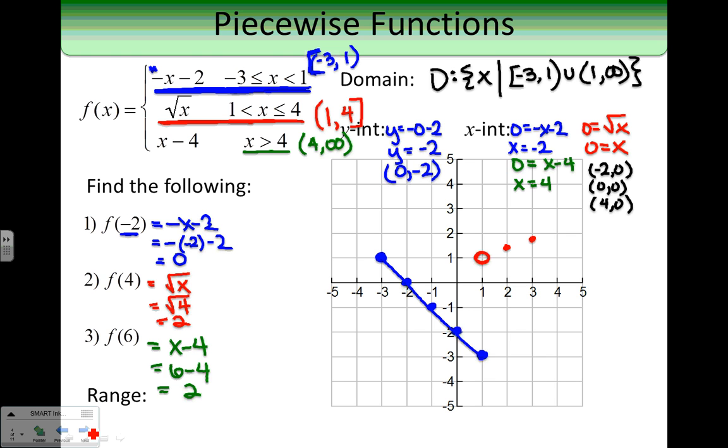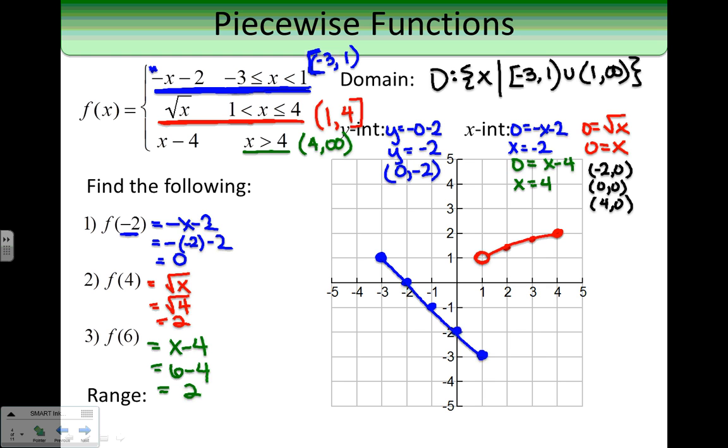And then the square root of 4 is 2. Okay. So it's going to be that square root curved type graph only between 1 and 4. And since we have x is less than or equal to 4, I can do a closed dot for that one.